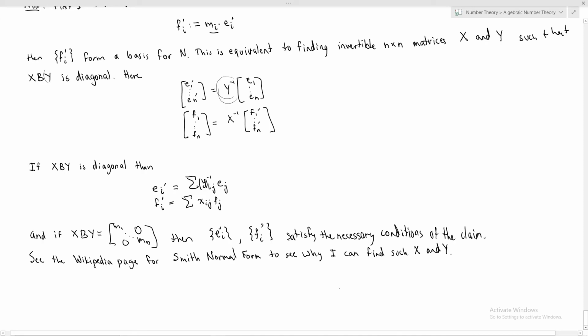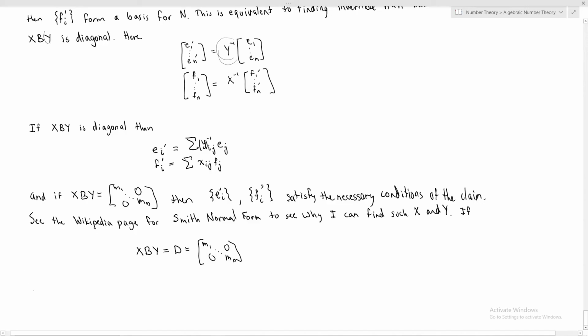Okay. So how do we finish up this proof here? Let's say x b y equals d, which is the diagonal matrix m1 through mn with zeros elsewhere.